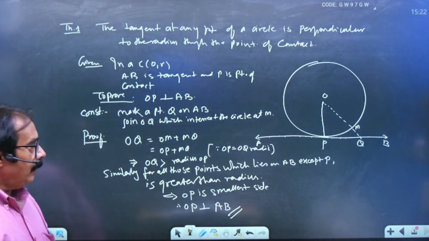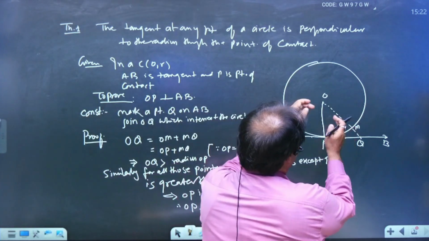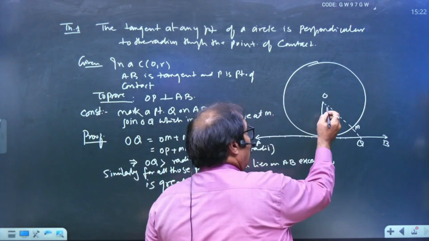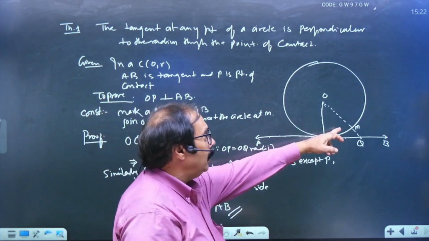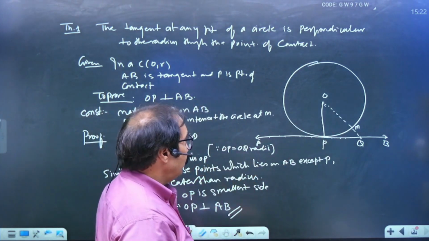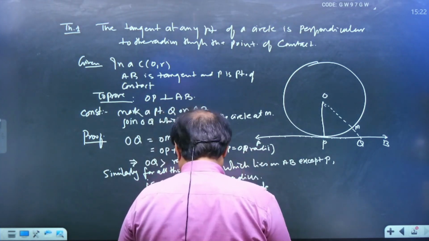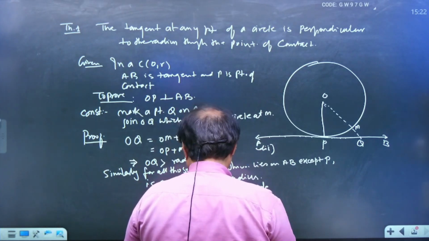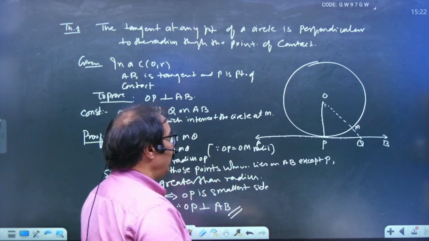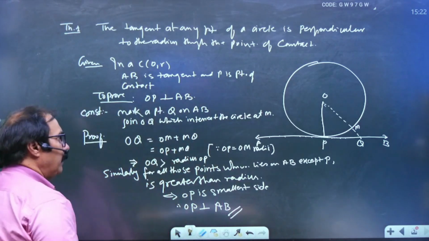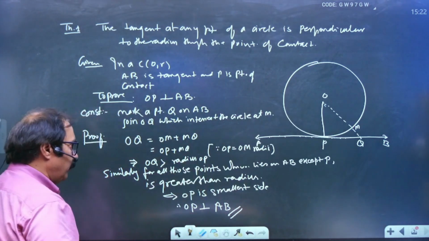Any doubt? Once again I am repeating, just see. This OQ can be written as OM plus MQ, and in place of OM I have written OP, because OM and OP both are radii. So OQ is greater than the radius OP.